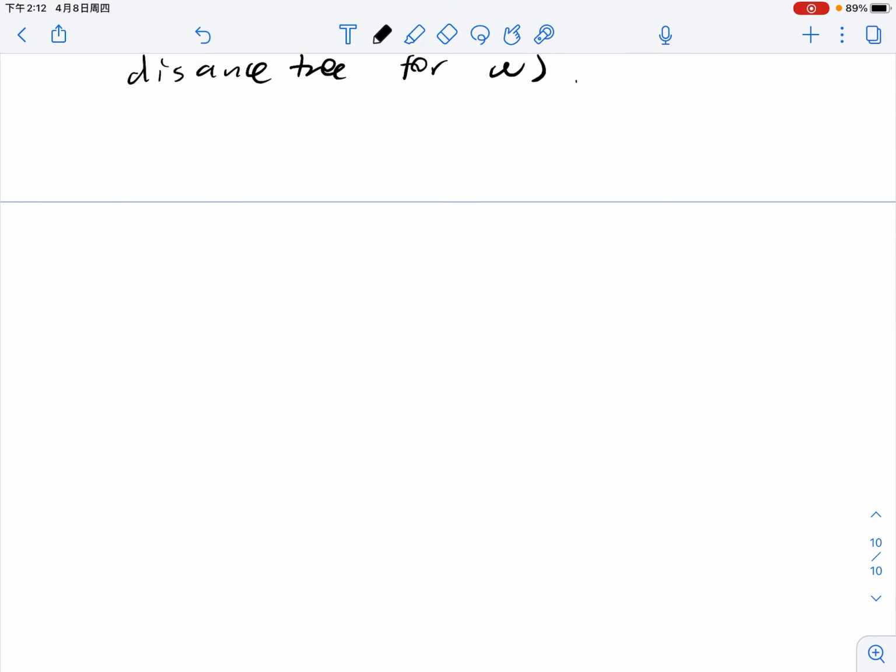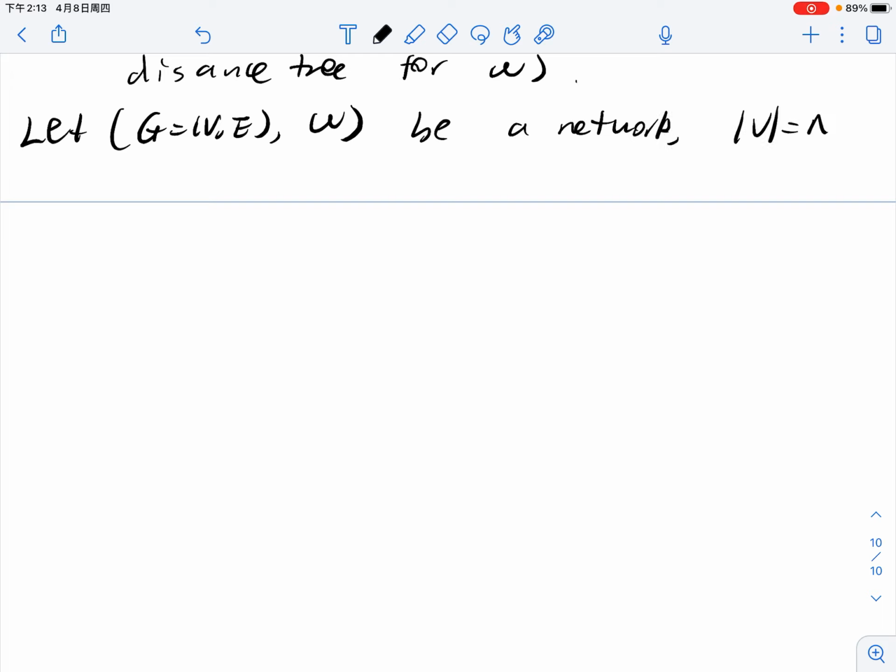And now let's do the setup. Let G = (V, E, omega) be a network such that the cardinality of V is N, u is a vertex of V, and omega is non-negative.